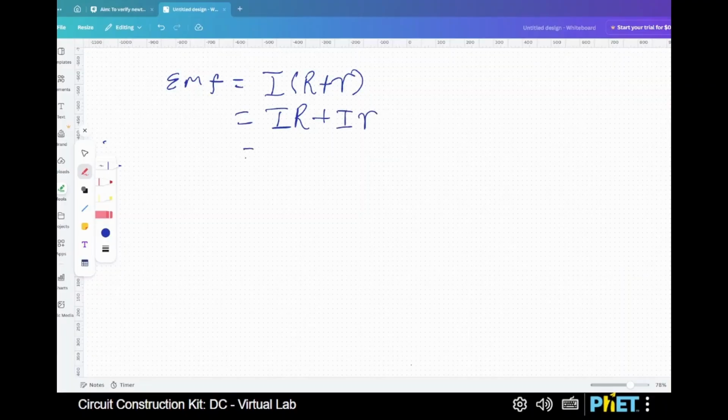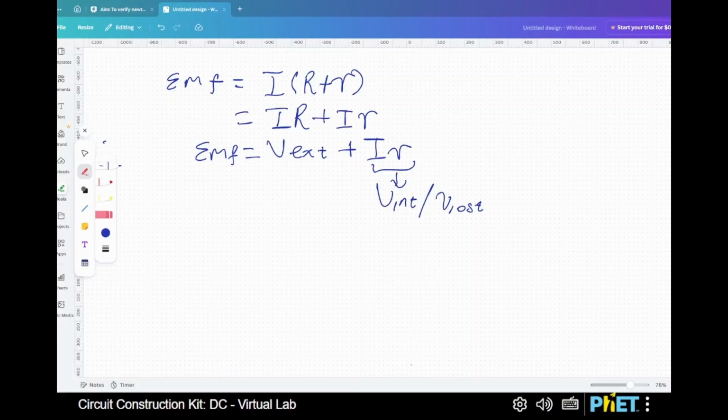Note that the big R is the external resistance, so that is going to be V external plus I times R internal. So the small r is the internal resistance of the battery, and that Ir there is called V internal, or you can say it's lost volts.